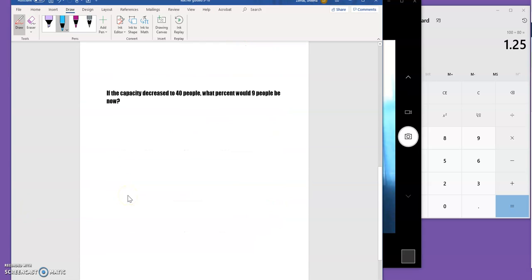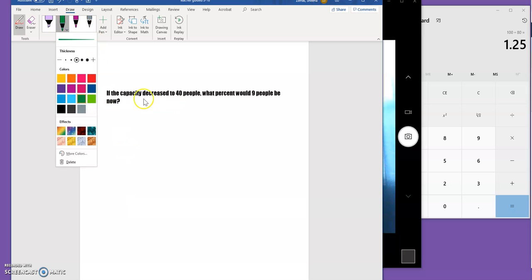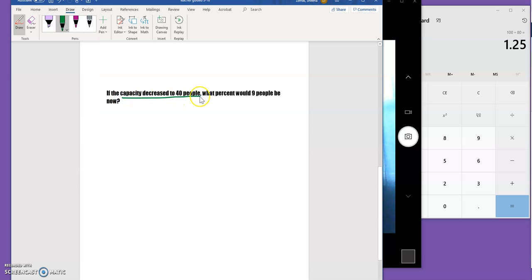Okay. In a restaurant, we have a capacity that is 40 people, and we want to know what percent 9 people would be. Capacity represents the total number. It's the maximum amount of people inside. We're identifying the percent amount, so I'm going to put a question mark.